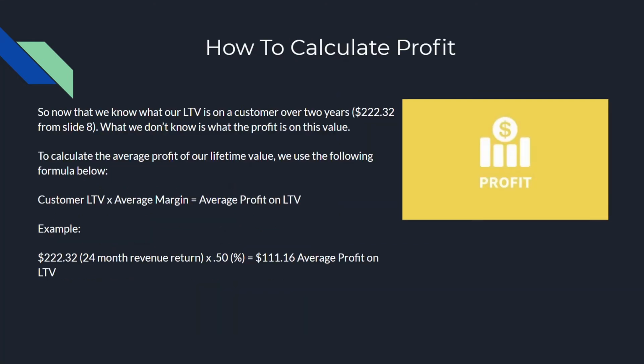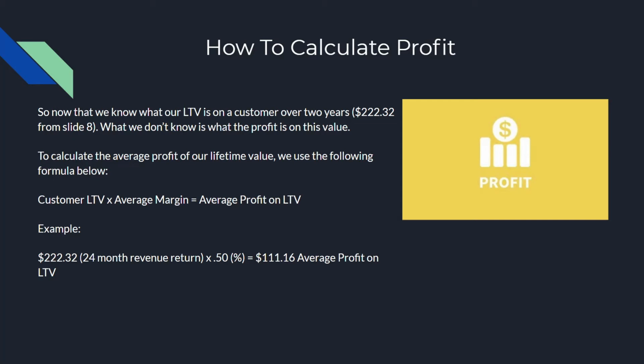What's important to calculate here is the profit. We now know our lifetime value on a customer over 2 years is $222.32. What we don't know is the profit on this figure.